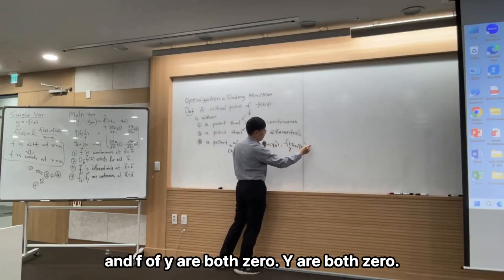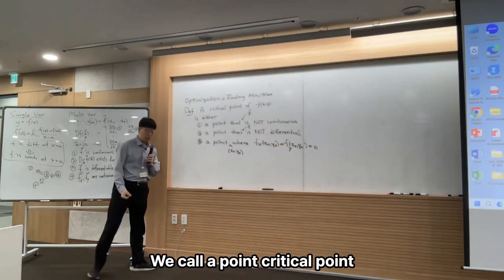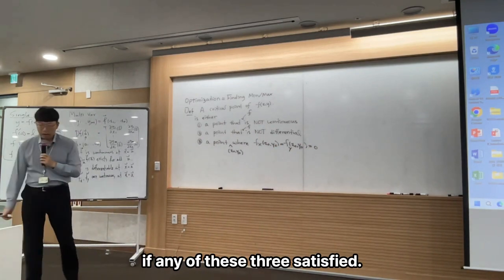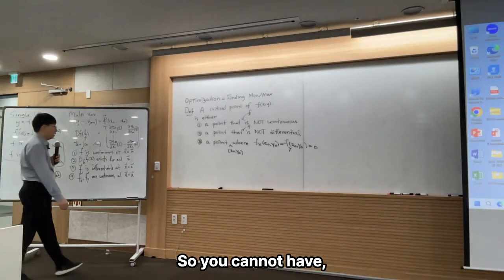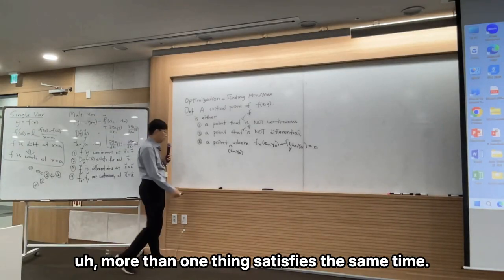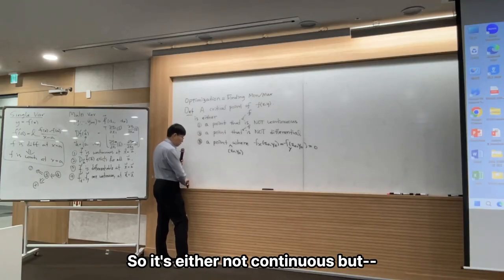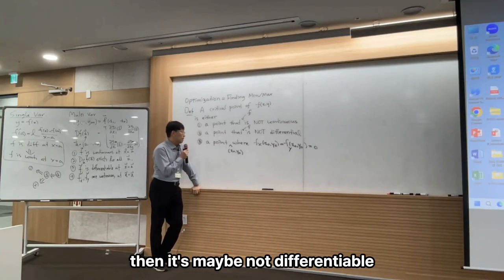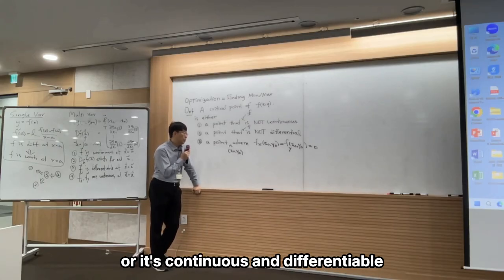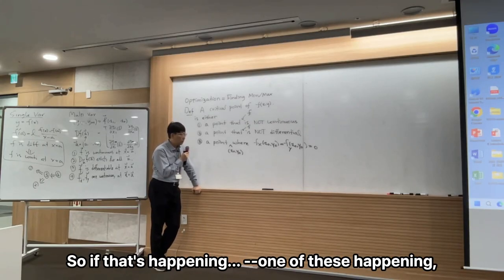So we call a point a critical point if any of these three is satisfied. So it's either not continuous, or if it's continuous, then maybe not differentiable, or it's continuous and differentiable, but the partial derivatives are all 0. If one of these is happening, then it's a critical point.